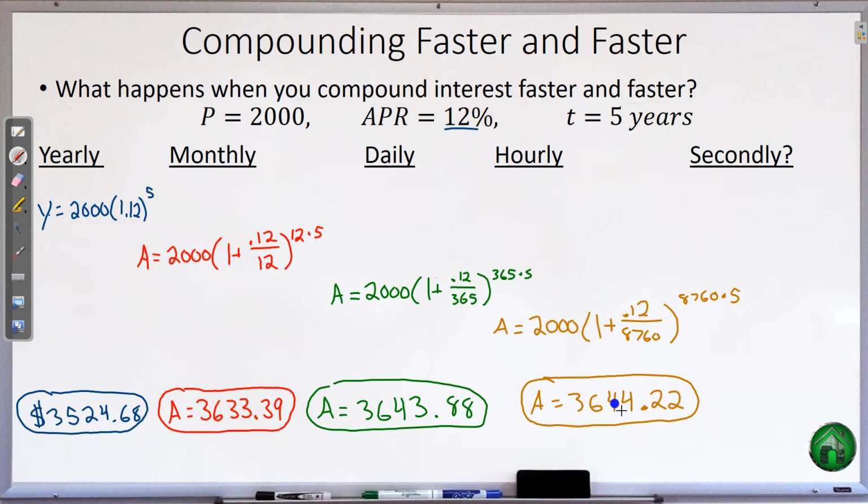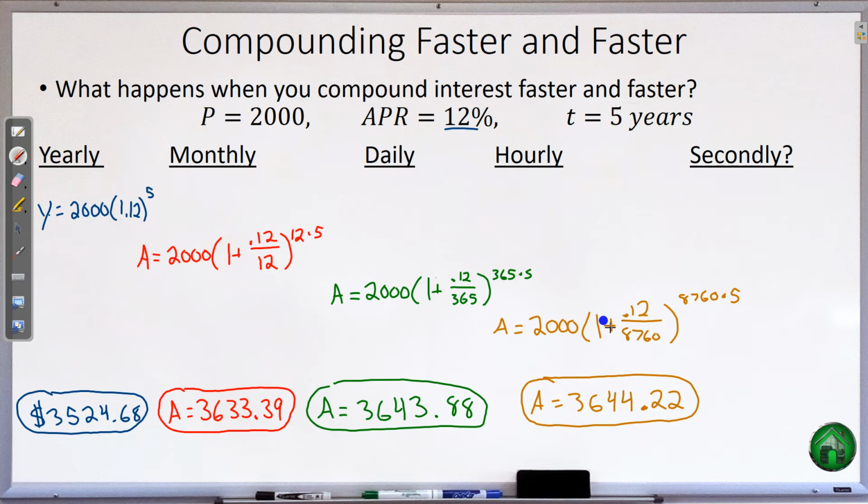And so I'm guessing this $3,644 wouldn't actually change by much at all. Maybe get to 45, but not more than that. There is a limiting value if you went to seconds and even past that.